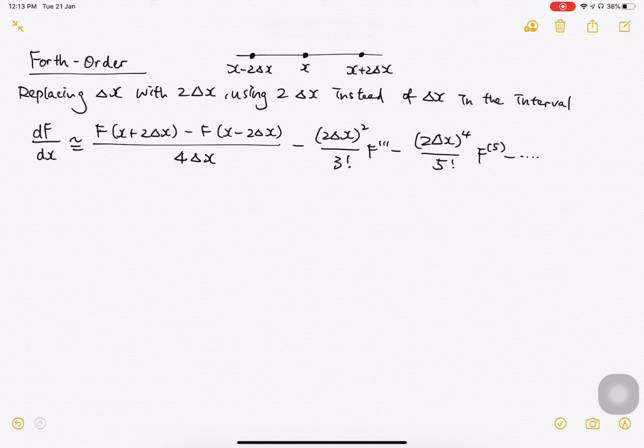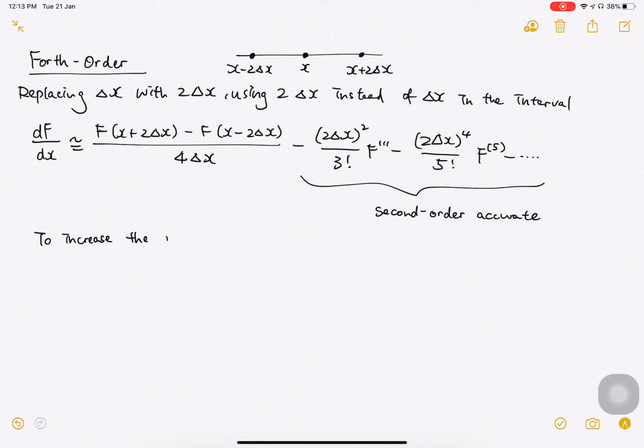Okay, this is still second order accurate. So to increase the accuracy, we want to get rid of the largest term in your error, delta x squared, right?